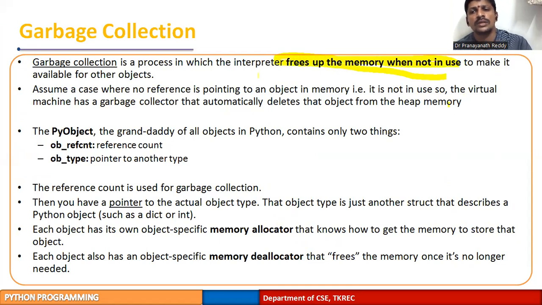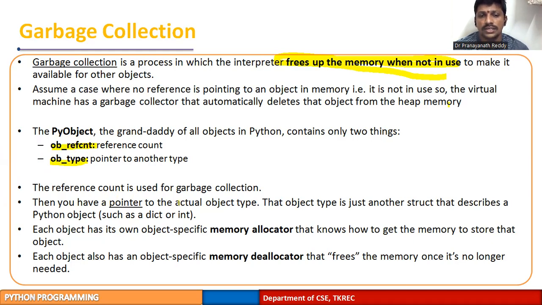Okay. So how is it going to keep track? It is going to use some variables, right? We have, I told you, this model. So here you have objects which keep track of the reference count and a pointer to another type. These 2 variables will be used to identify whether the variable is being used or not. Okay. So the reference count is used by the garbage collector.